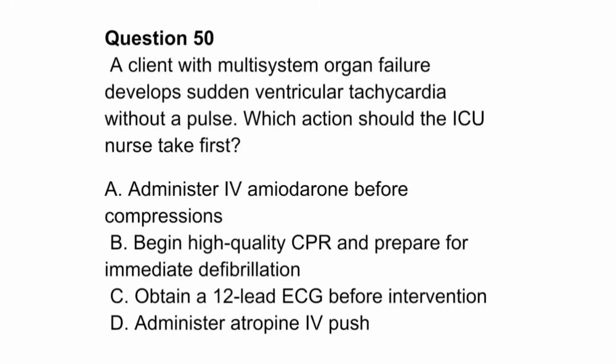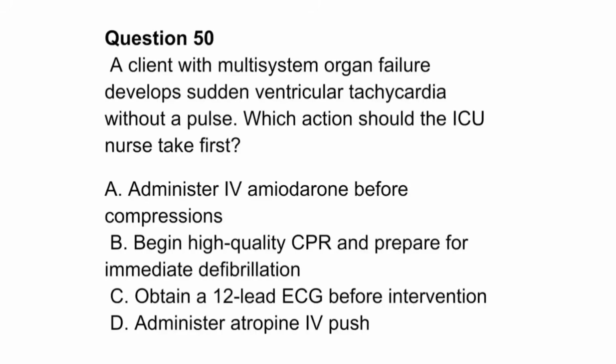Question 50. A client with multi-system organ failure develops sudden ventricular tachycardia without a pulse. Which action should the ICU nurse take first? A. Administer amiodarone before compressions. B. Begin high-quality CPR and prepare for immediate defibrillation. C. Obtain a 12-lead ECG before intervention.